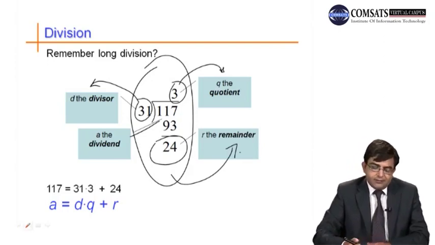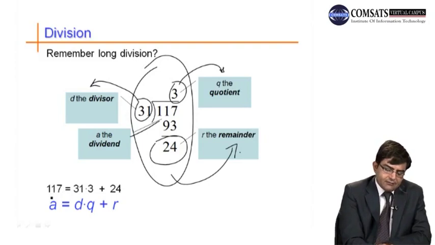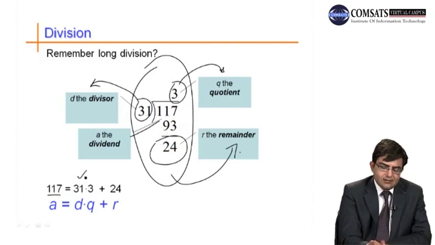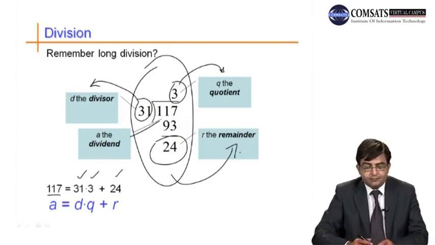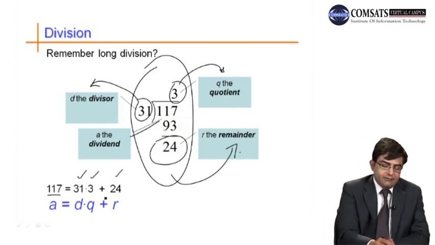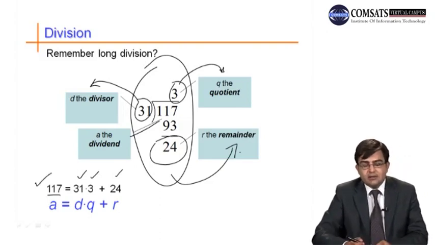And we write the dividend, this 117, as equal to the divisor times the quotient plus the remainder. We can write the dividend in this form.